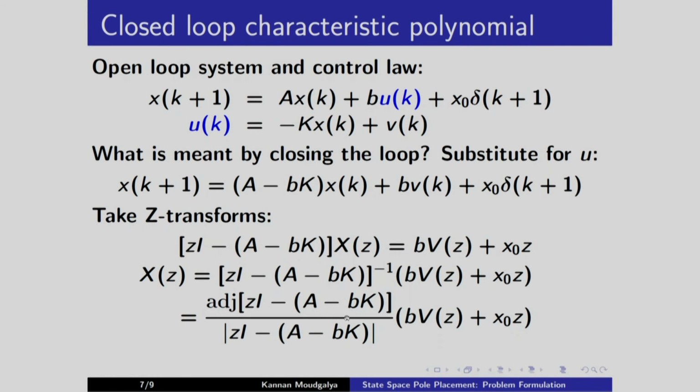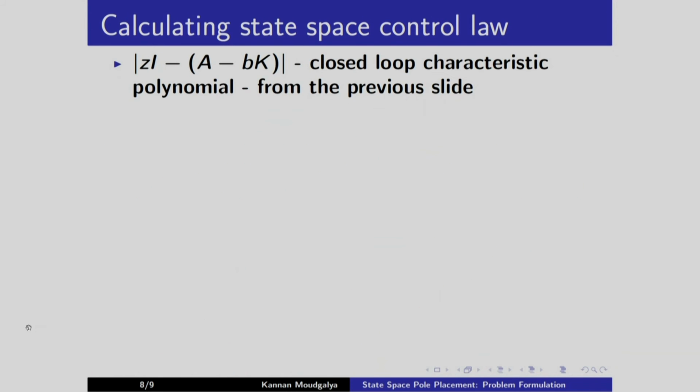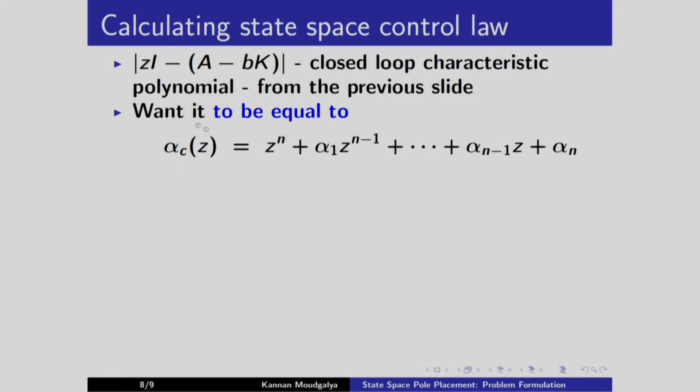Now let me take this matrix to the right hand side and expand this in terms of adjoint and the determinant, and the denominator is the closed loop characteristic polynomial. So let me start with that expression ZI minus A minus bk. We want this to be equal to some arbitrary nth degree polynomial.